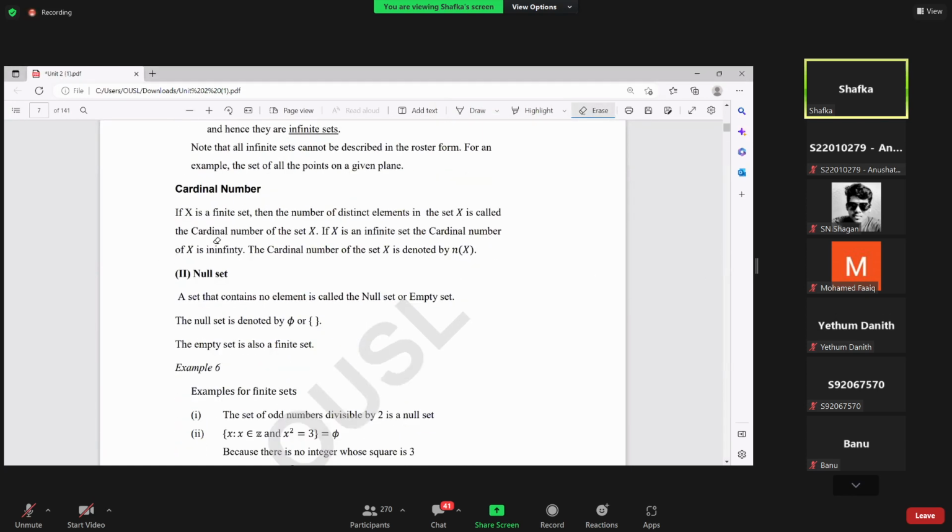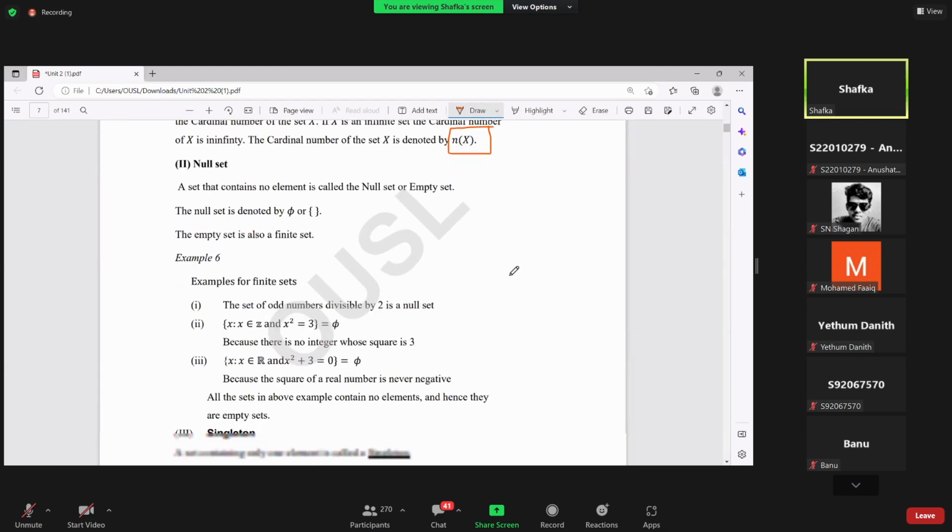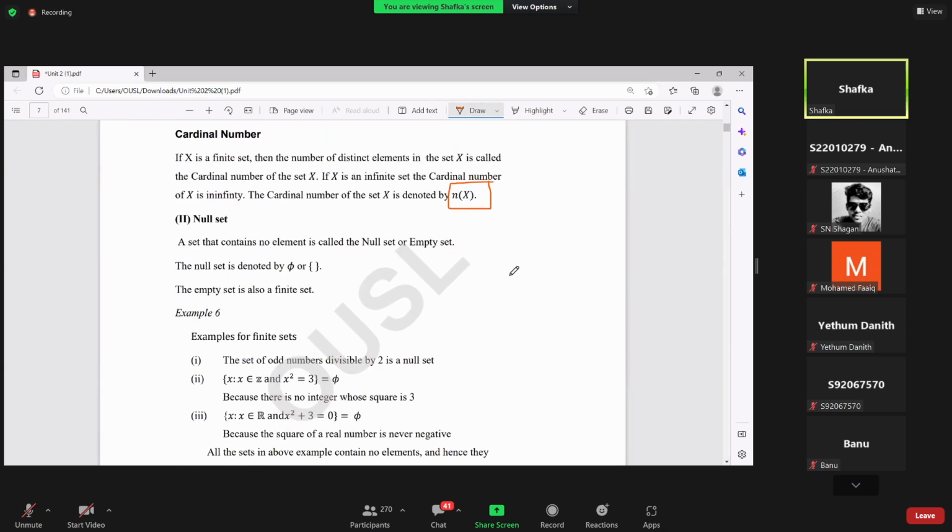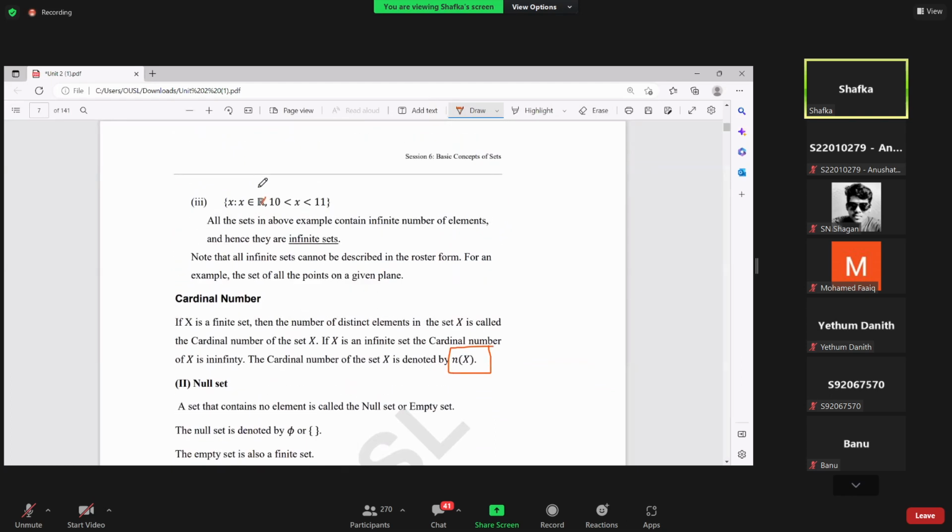And then cardinal number, I already mentioned, is the number of elements. Okay. So null set. What is a null set? The previous example, if we replace this by integers, no elements, nothing is there.